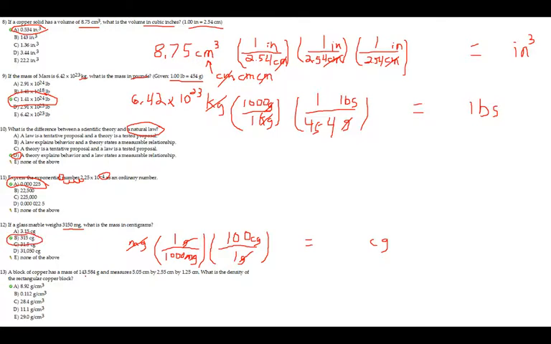13, you're given a mass, you're given 3 measurements, and asked for a density. You can even look at the units here in the problem and realize that you have to get grams divided by cubic centimeters. And so this is a length times width times height here, so you need to multiply all these 3 numbers together. 5.05 times 2.55 times 1.25, and I get something like 16.09.